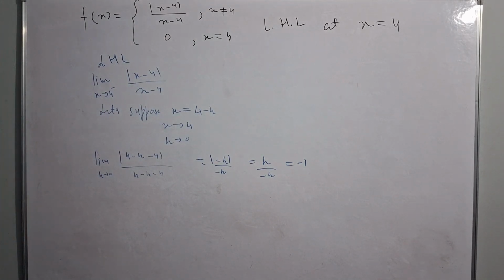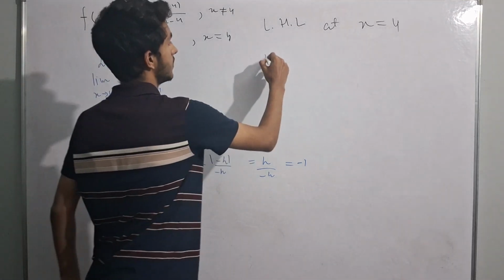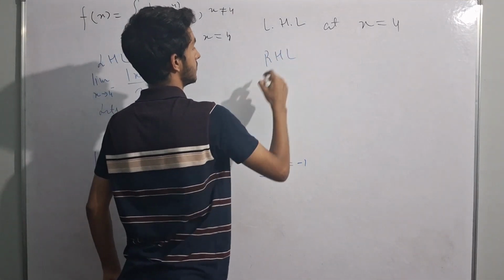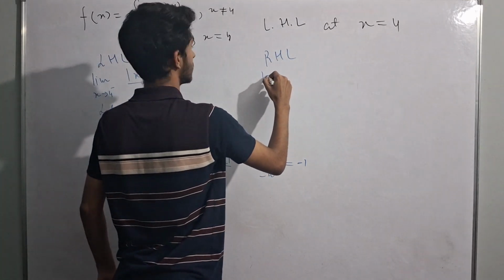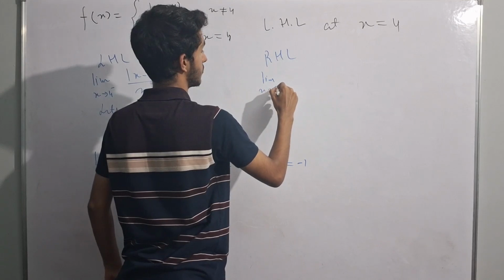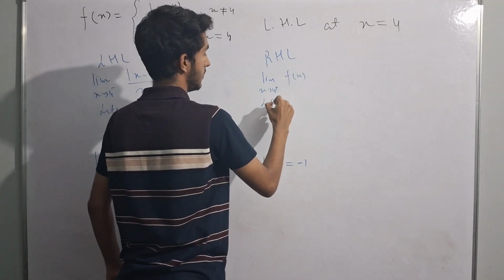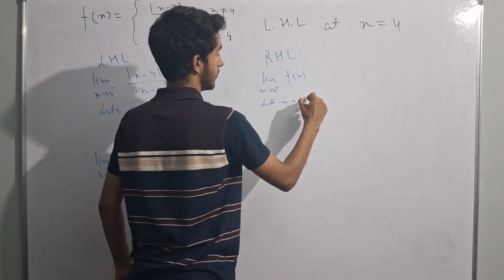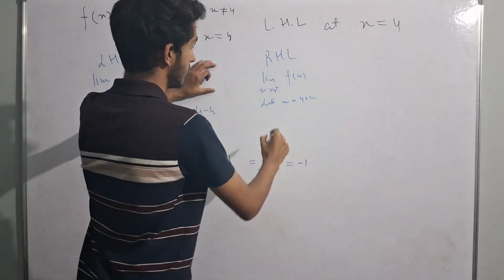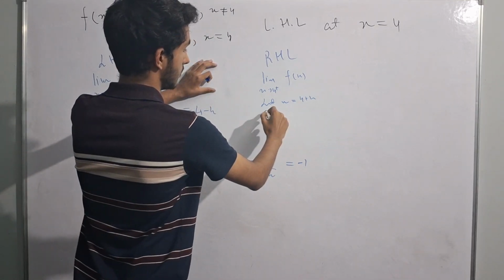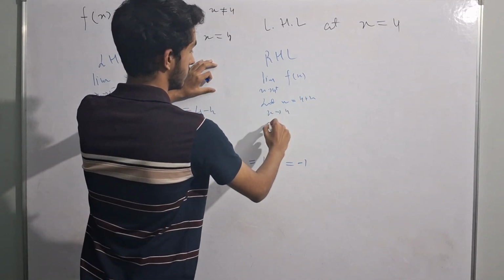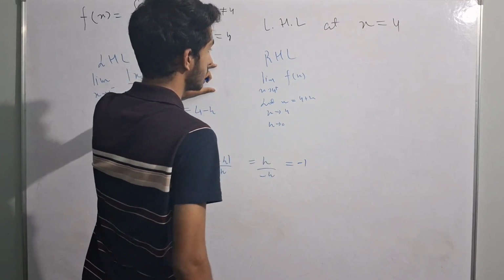Now suppose we are also asked to find the right hand limit. We'll write limit x tends to 4 positive of the function of x. Let x be 4 plus h. That means as x approaches 4, h approaches 0.